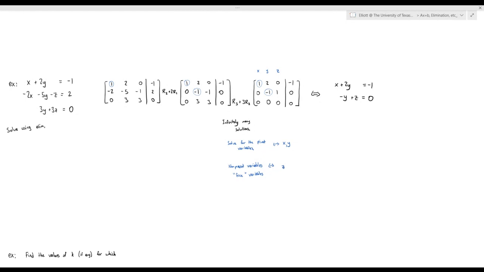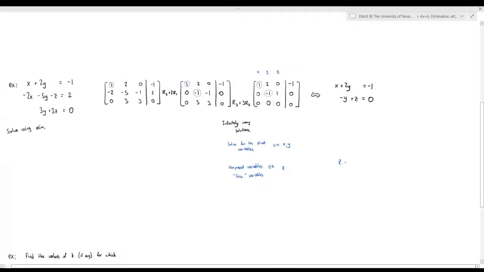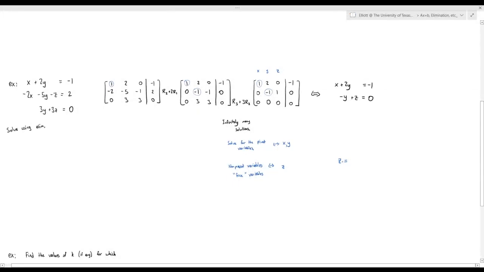And like I said, everyone will do this slightly different ways, but the way that I do it is this. Since z is a free variable, that means that z is free to be any value. And to reflect that z can be any value, I'm going to assign to z another variable. We call it a parameter. So I'm just going to set z equal to some variable t. T can be anything, so that's what makes z a free variable.